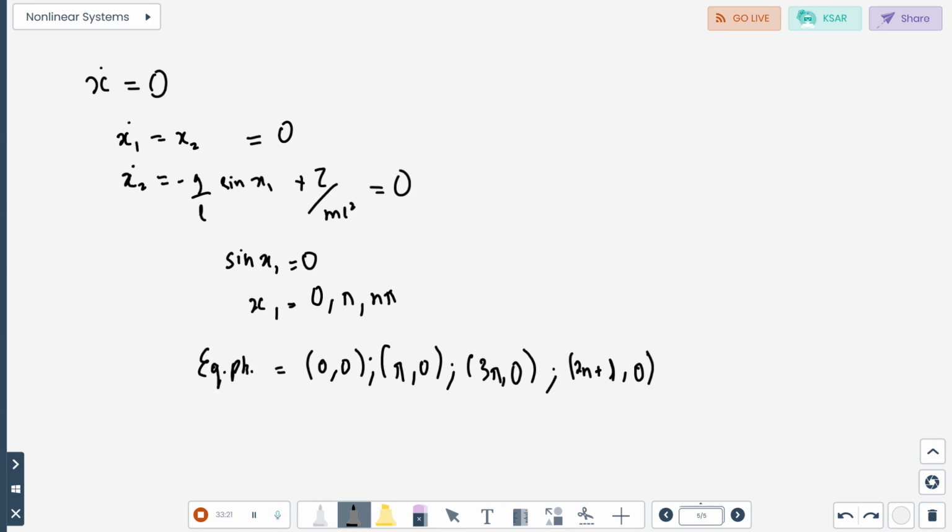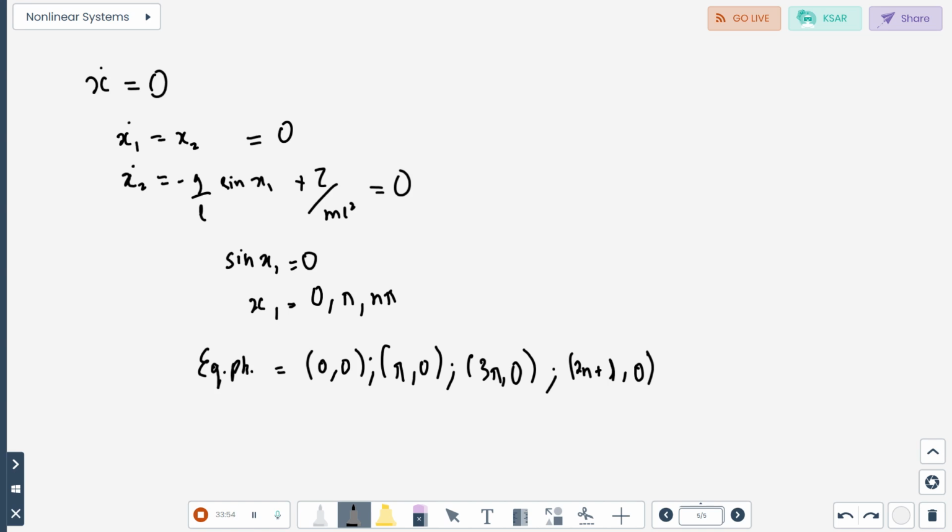So the solution of x1 dot equal to 0 will be unique, the solution of x2 dot equal to 0 will be unique, the solution of x3 dot equal to 0 will be unique. Even if there are n states in the system, the solution of all those n independent first order differential equations will be unique, and therefore you will have a single equilibrium point for a linear differential equation.